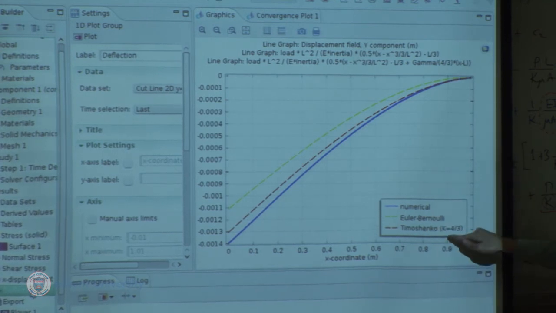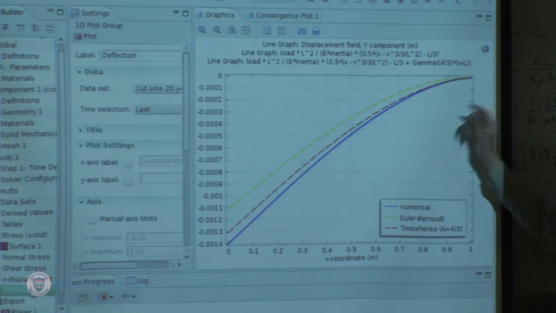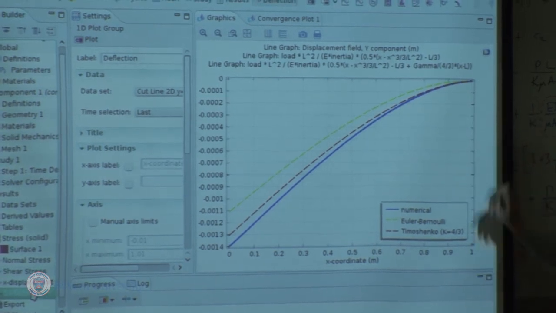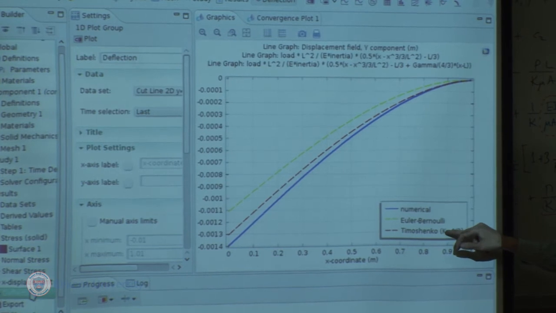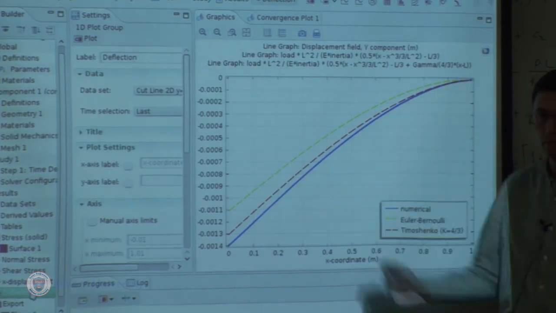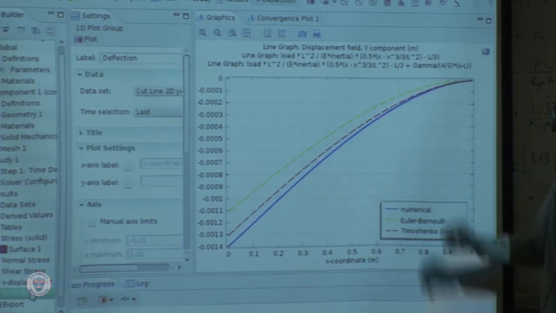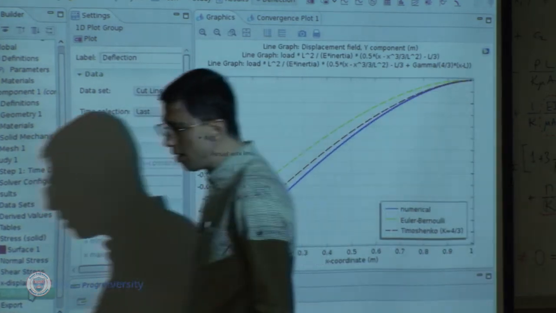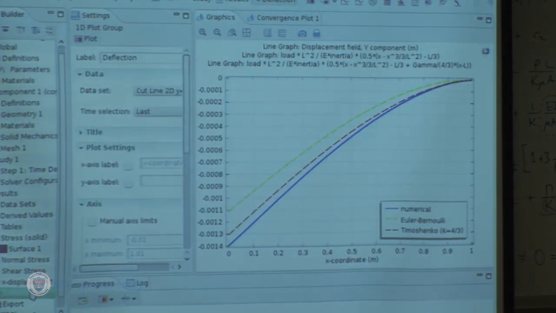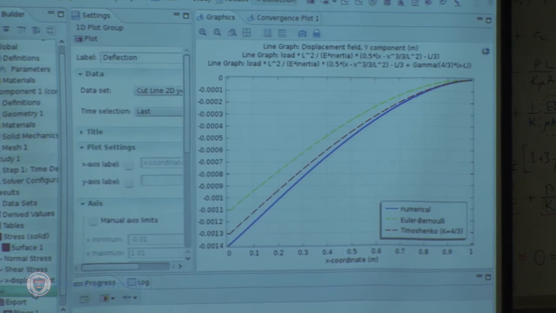And moreover, in Timoshenko, if I choose k equals 4 over 3, and that's what I've done here, I know that I match the analytical solution perfectly. Okay? And therefore, I am not showing the analytical solution. It's the same as the red line. So red line is equal to Timoshenko, k equals 4 over 3, is better or closer to numerical than Euler-Bernoulli. Okay? So now, not too bad, but remember, H over L is very high.